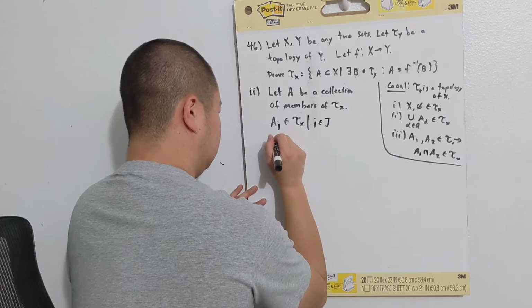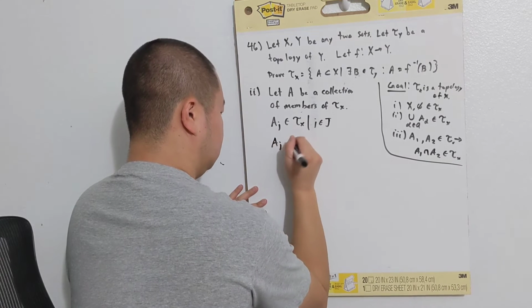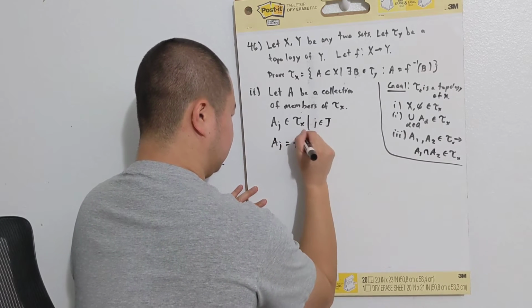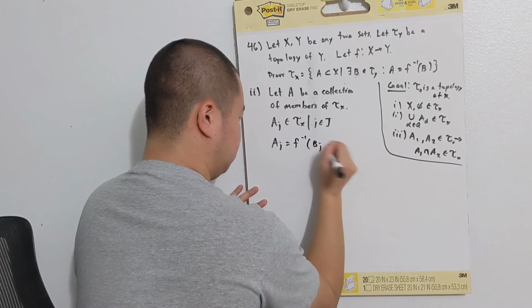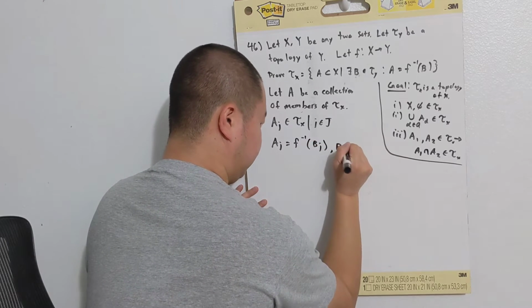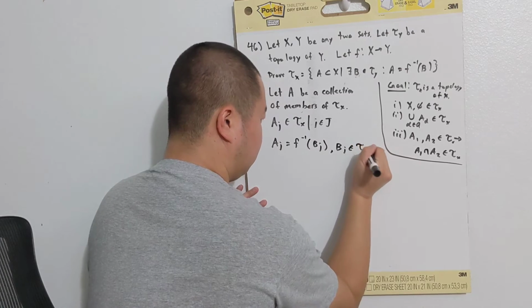And we define A_j to be the inverse image of B_j, where B_j is in tau of Y.